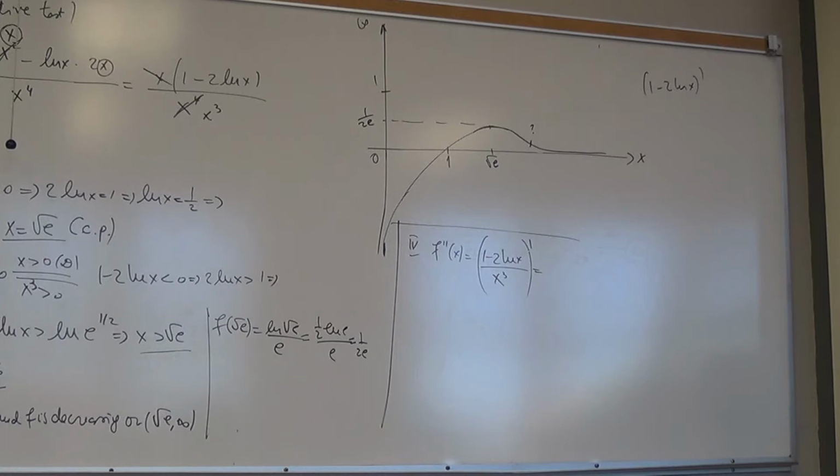Oh, you're right. I want to show you the numerator. It's not the entire fraction, only the numerator: 1 minus 2 ln of x, prime.